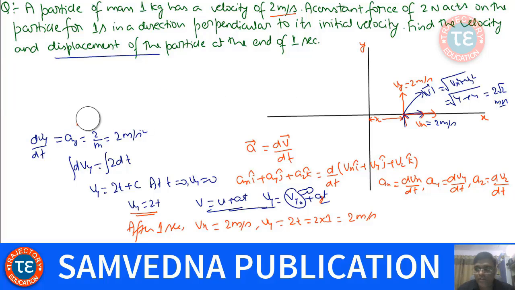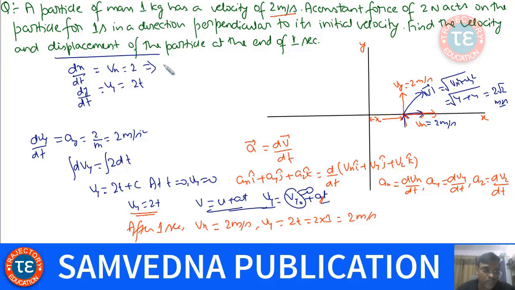Let's talk about displacement. See, we got Vx and Vy. Vy was 2t. So Vx is dx by dt, and this is dy by dt.